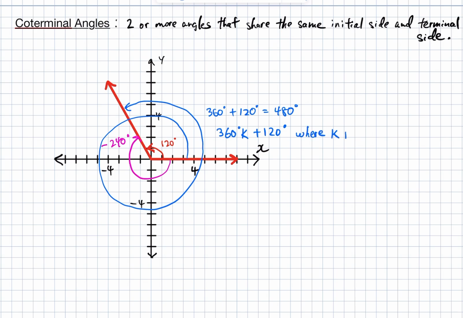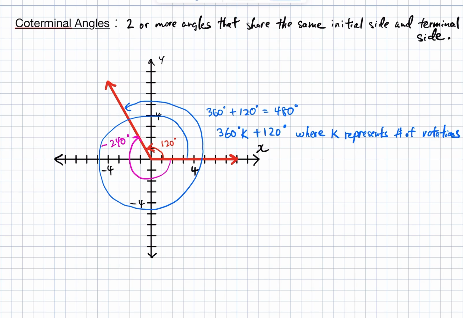k represents the number of rotations. Okay, so we could technically have an infinite number of coterminal angles. Okay, so hopefully I've helped you to understand what coterminal angles are and the potential possibilities.